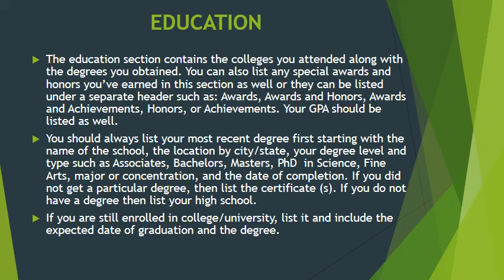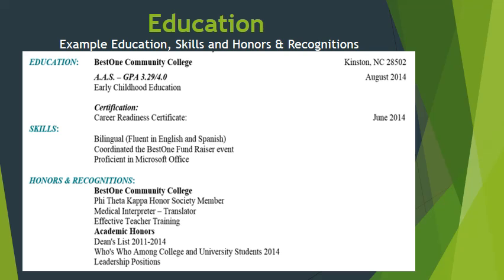If you did not get a particular degree, then list a certificate or certificates. If you do not have a degree, then list your high school. If you're still enrolled in college or university, then list it and include the expected date of graduation and the degree. Here is a resume example that lists education, skills, honors, and recognition.